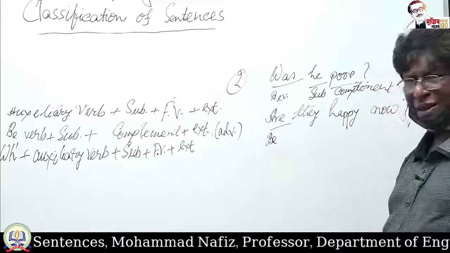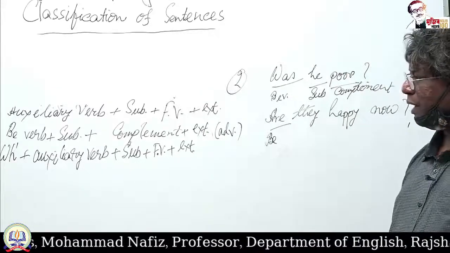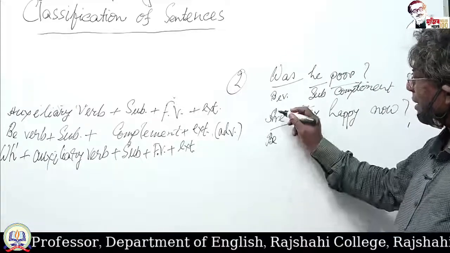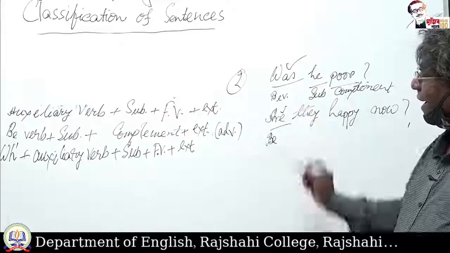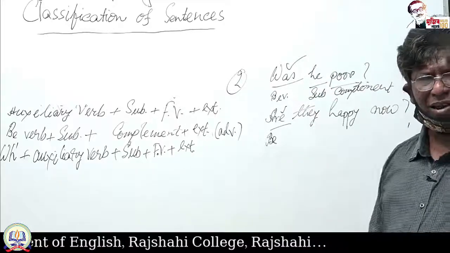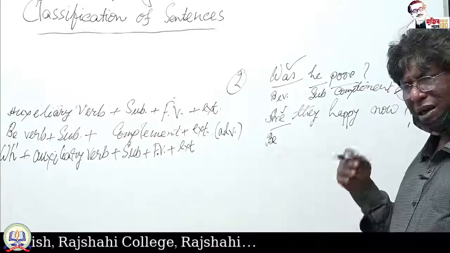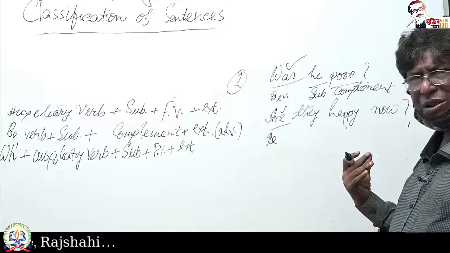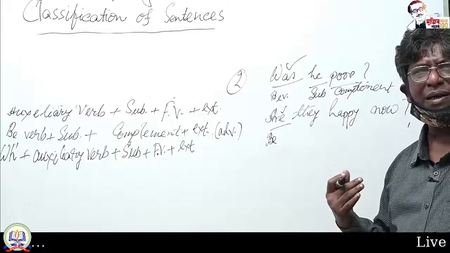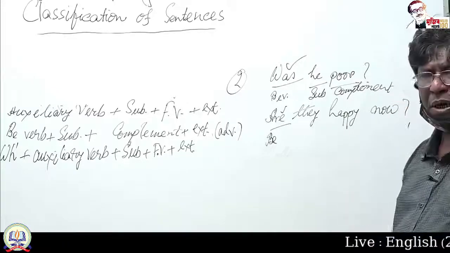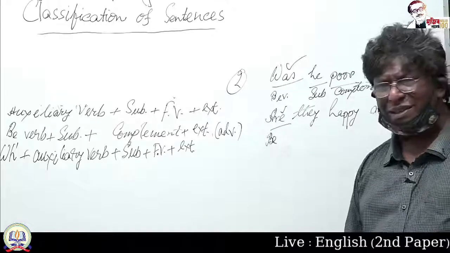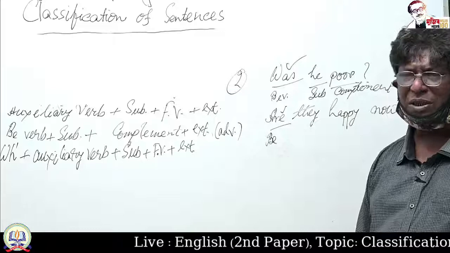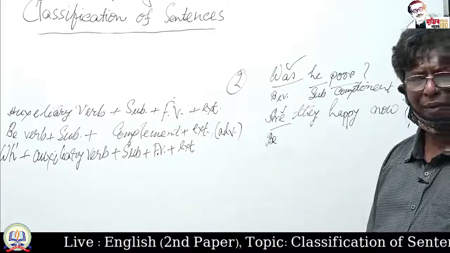Are is not here an auxiliary verb. Sometimes I have heard students identify was or are as auxiliary verbs. These verbs or any be verb can be identified as auxiliary verbs, but where there is an auxiliary verb, there must be the presence of a finite verb.